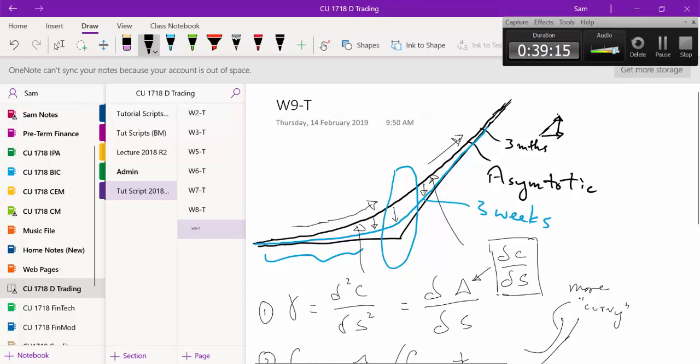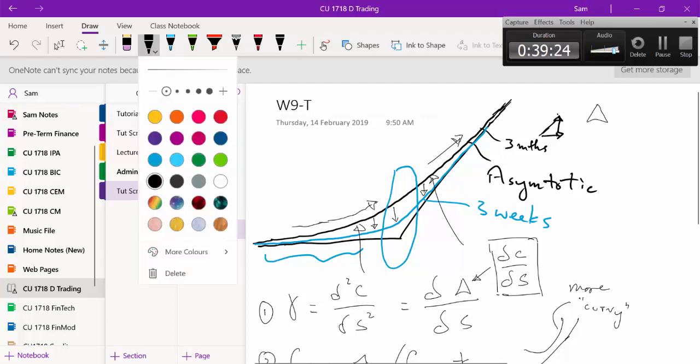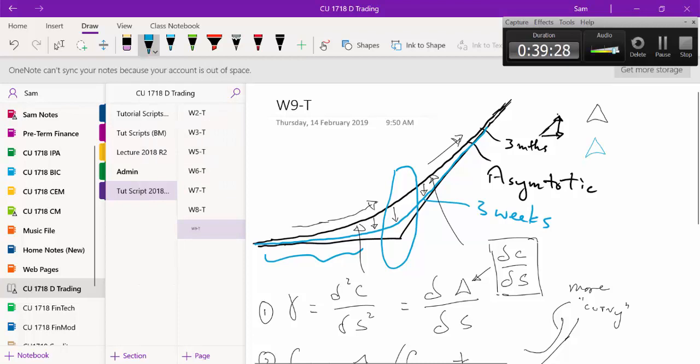So if you compare the black delta with the blue delta, what you're going to find is that the blue delta doesn't change a lot until you get closer to the money.